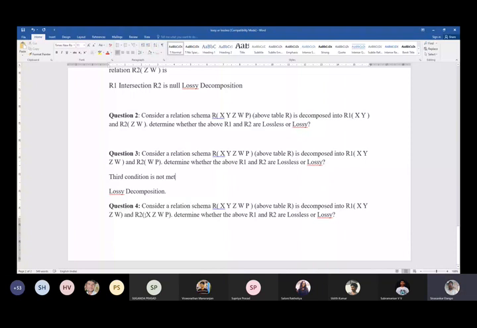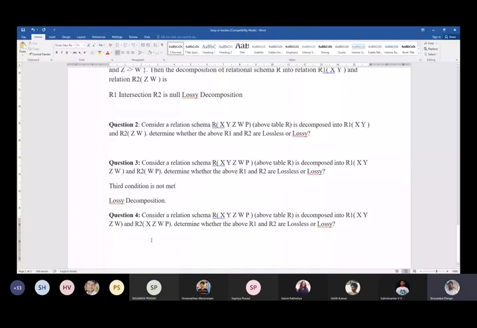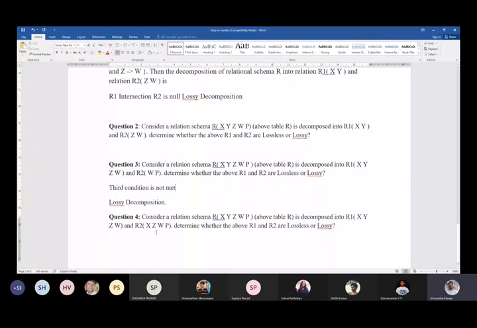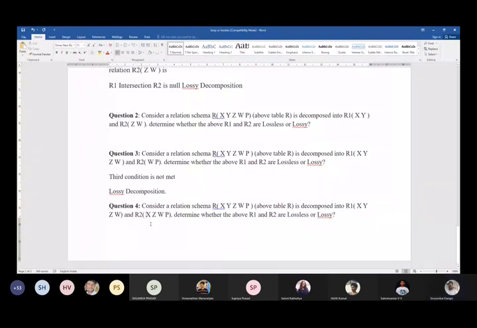R1 intersection R2 gives you ZW. So X can determine Y, Z can determine W, right? So it's a lossless decomposition. It can determine all the elements in the relation. So it's going to be a lossless join decomposition.